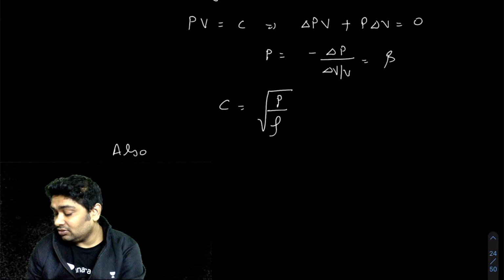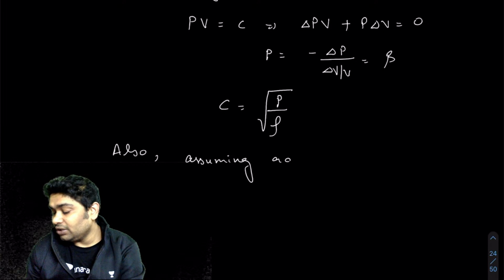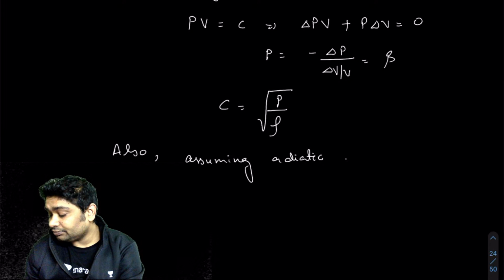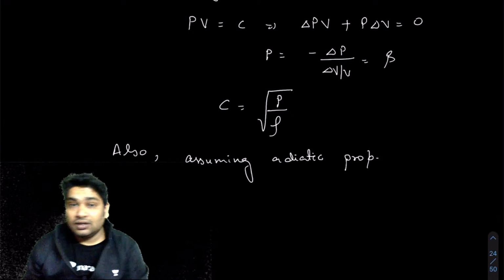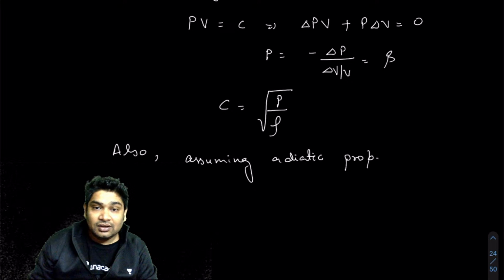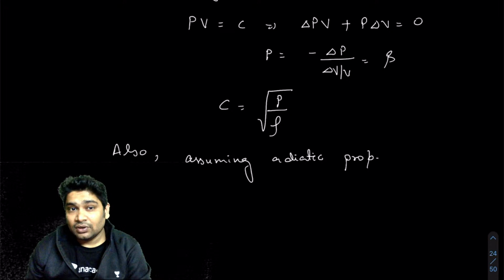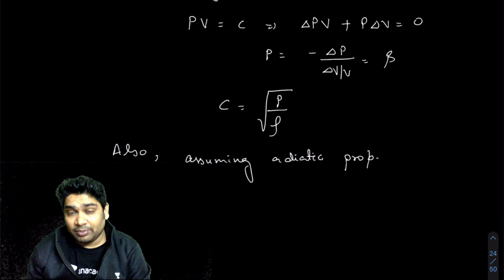Similarly, now assuming adiabatic propagation. Newton assumed the propagation to be isothermal, but that was not the case. It was corrected later, and it was shown that the propagation is actually adiabatic.